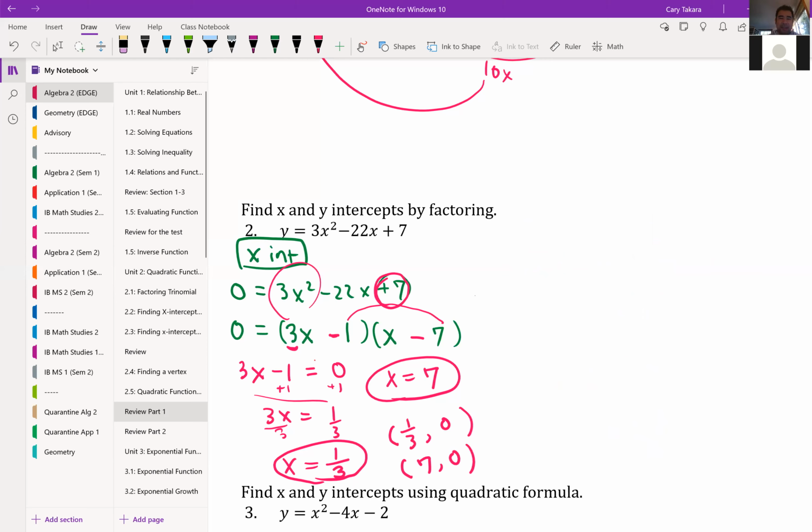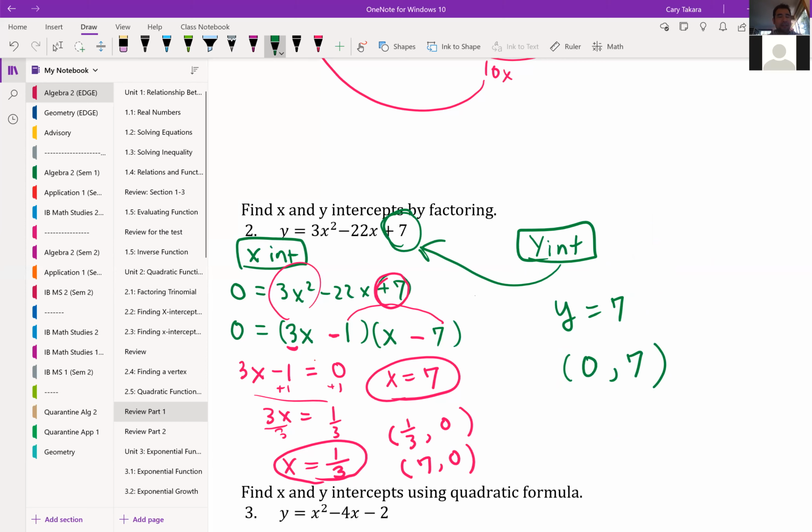Okay. And then the y-intercept. This one, you really don't need to do anything. It's this number, isn't it? Right. The y-intercept is 7, or (0, 7). Okay.